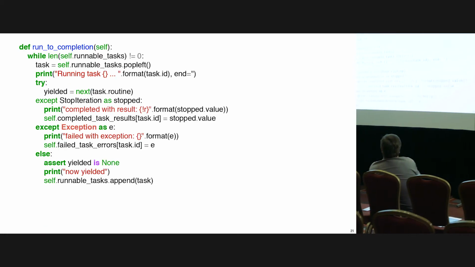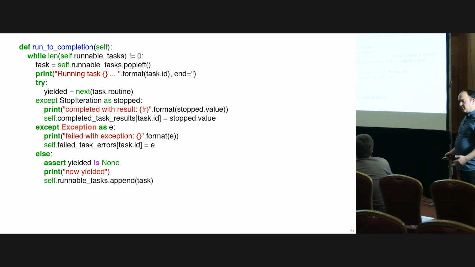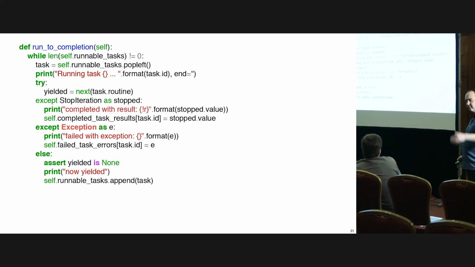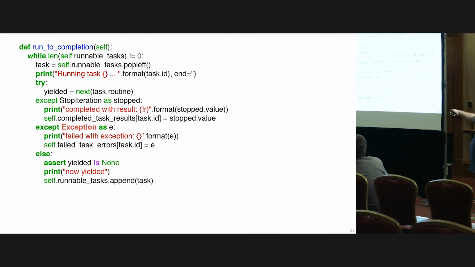Then we have the meat of the scheduler, which has a certain elegance to it. In spite of all the exception handlers in here, it's conceptually quite elegant, I think. While there are tasks to run, get the next task by popping it off the queue, and try to run it with next. That iterates the task, right? So pass it to next. That will return a value which we're expecting to be None, right?